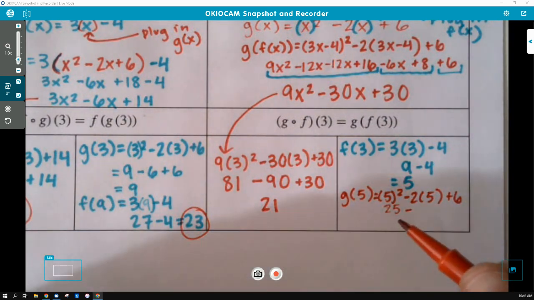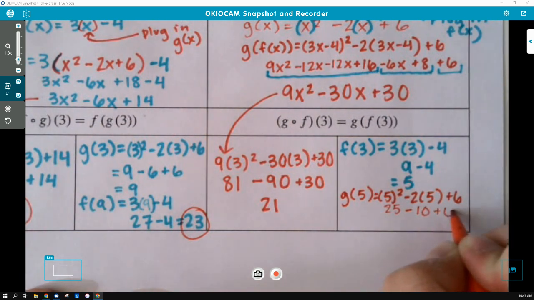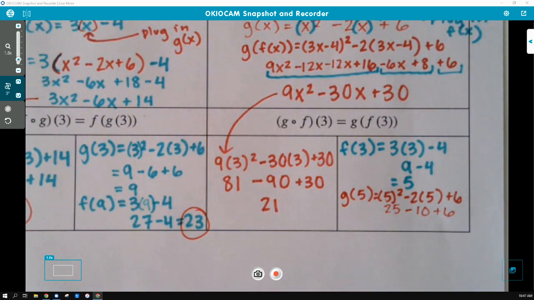I should have made these boxes so much bigger. I'm so sorry, you guys. Minus 2 times 5 is 10, plus 6. 25 minus 10 is 15, plus 6 is 21.